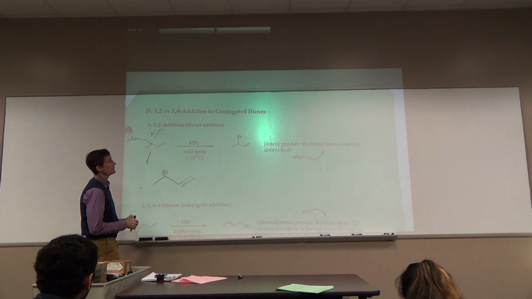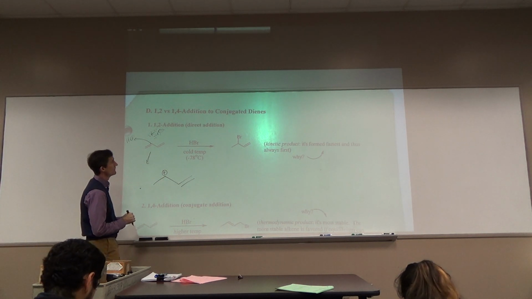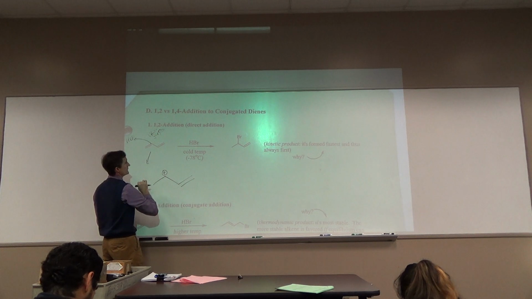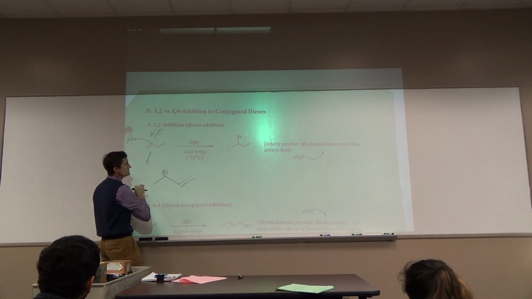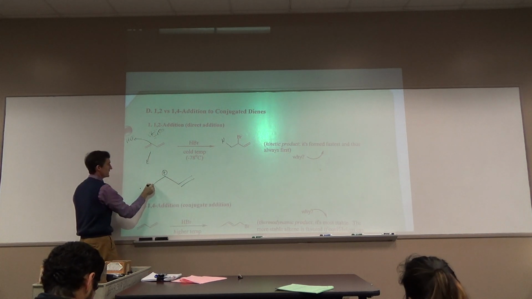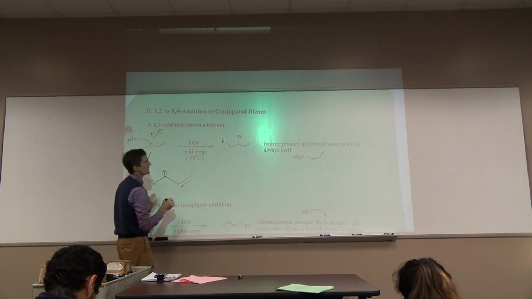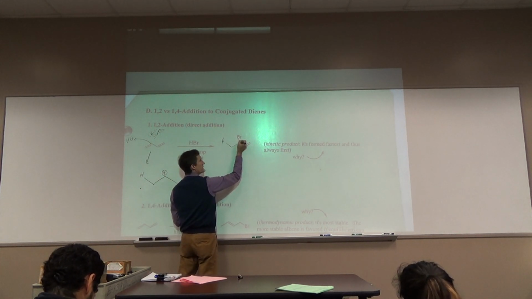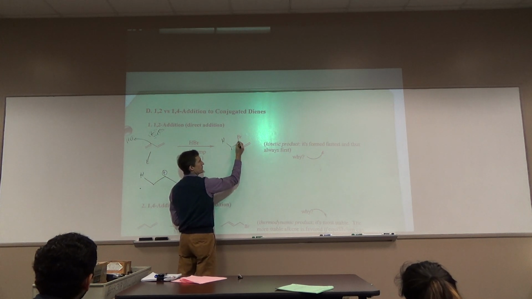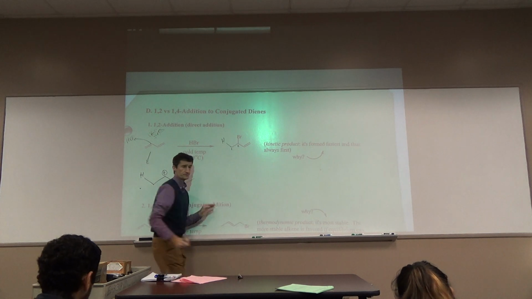Some terminology, though, that we'll bring in. This is called a 1,2 addition. The new H is here. The new H is there. Bromine ends up next door. If this is 1, then what do you want to call the next door carbon? 2.